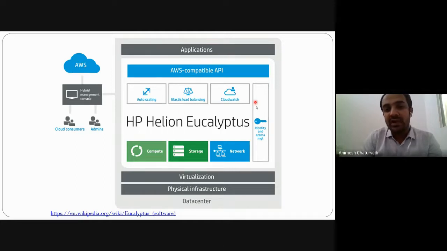All of this is the private cloud, and this is the public cloud. This is hybrid management of the console with Amazon. The cloud consumer can use the Amazon Web Service Cloud if they do not have enough resources in the data center of the private cloud. The admin does all this management of installing the private cloud and communicating with the Amazon Web Service Cloud.